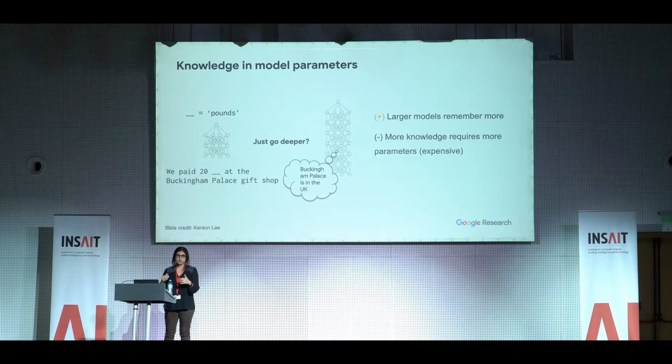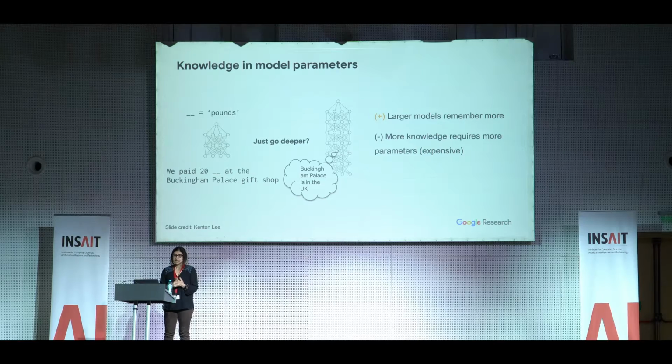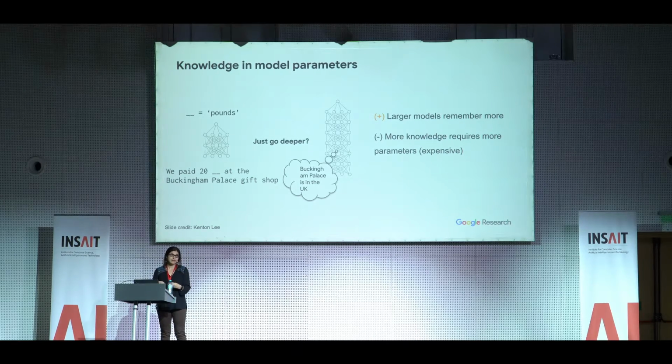In order to figure out that the word pounds needs to go in there, it not only needs to know it has to be a type of currency, but also that Buckingham Palace is in the UK and it uses the pound. So in order for models to integrate this type of very fine-grained knowledge, they have to be very large, which is expensive.